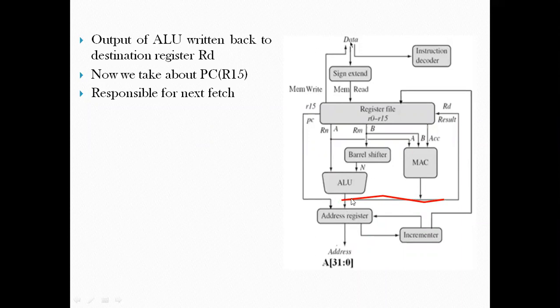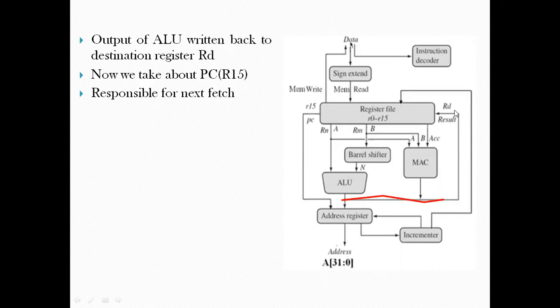So the ALU is going to put first the result into RD and then give this to the address register. Address register is going to load that address of M1 memory location on the address bus so that it can be written to that particular memory.